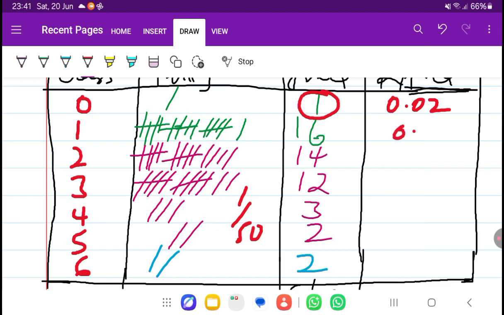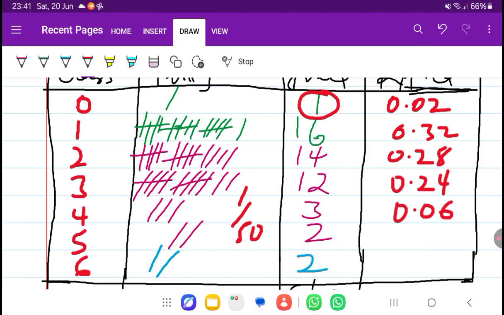So this is 0.32. This one is 0.28. This one is 0.24. This is 0.06. This is 0.04. And even this one is 0.04.